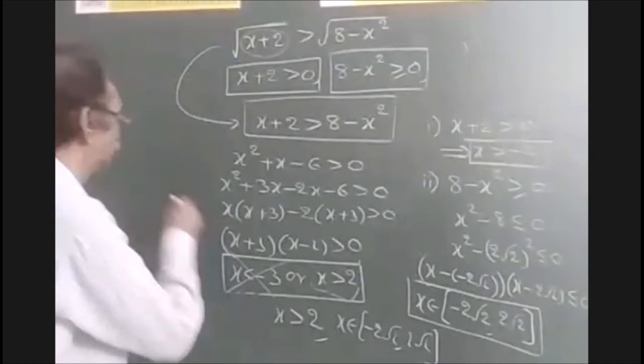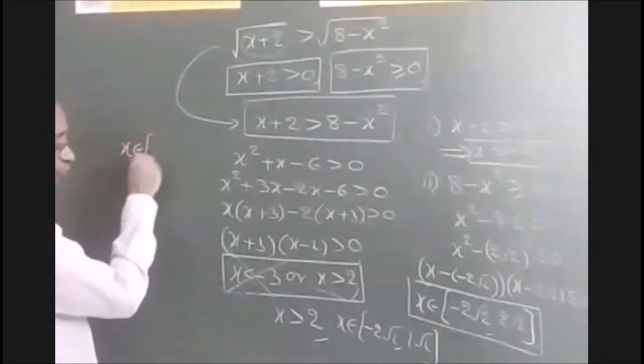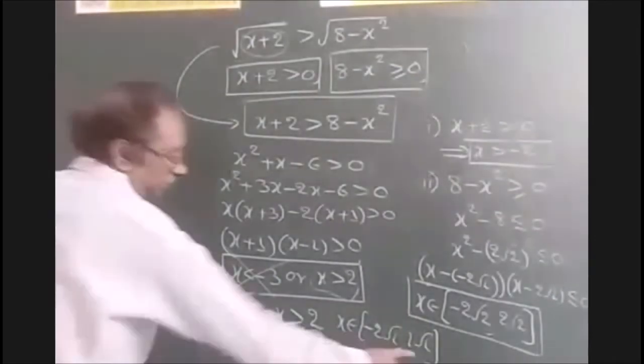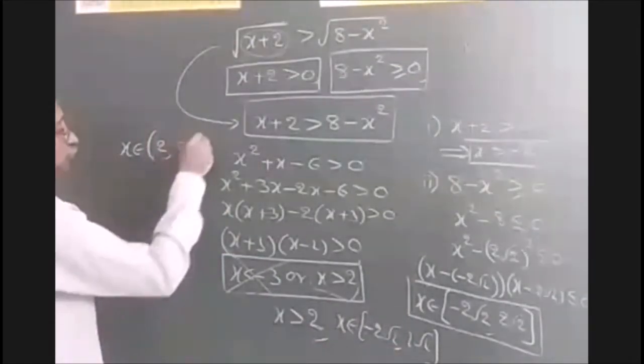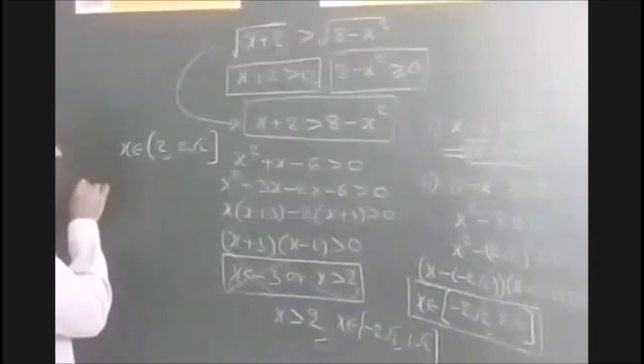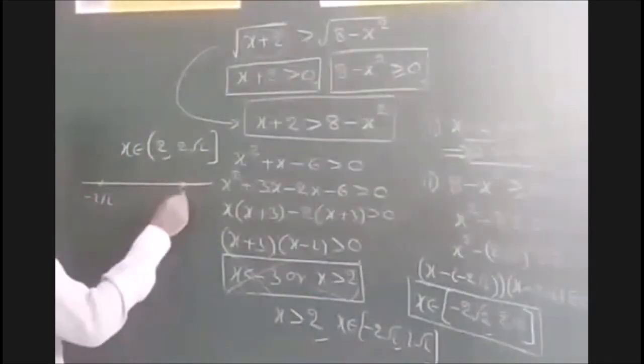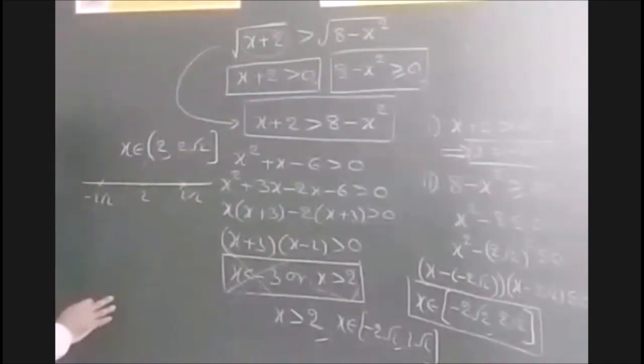So, the final solution is x belongs to 2 comma 2 root 2, open at 2. Remember, this is greater than, but this is closed. That is the answer, because this interval is minus 2 root 2 to 2 root 2, so 2 is in between them.